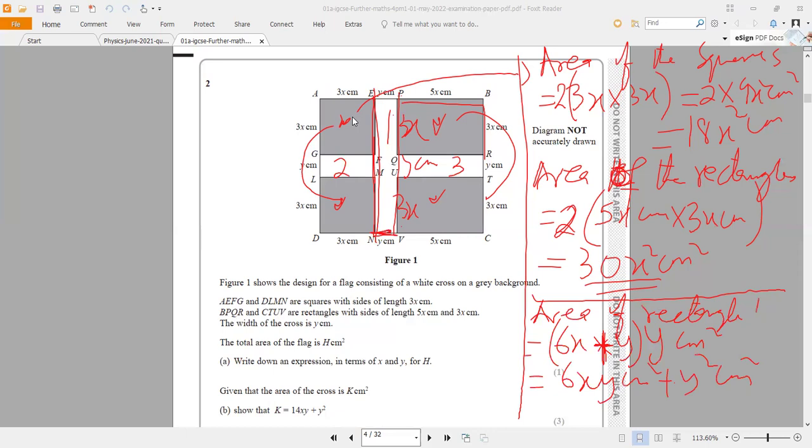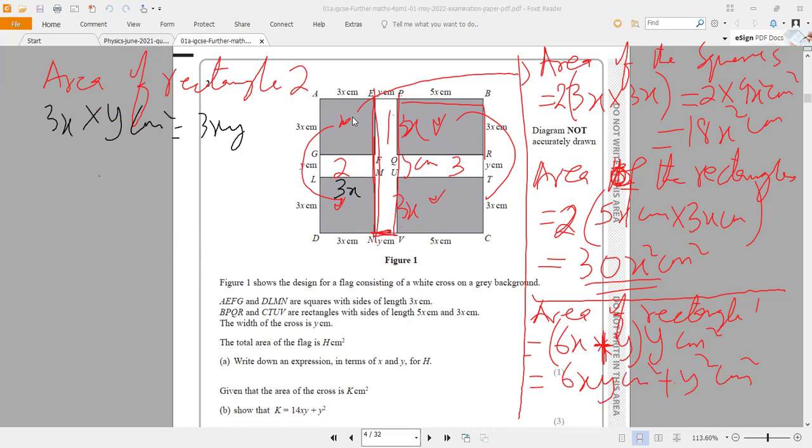Now the area of rectangle 2. Recall this side is also 3x. So we have 3x times y centimeters squared, which is equal to 3xy centimeters squared.